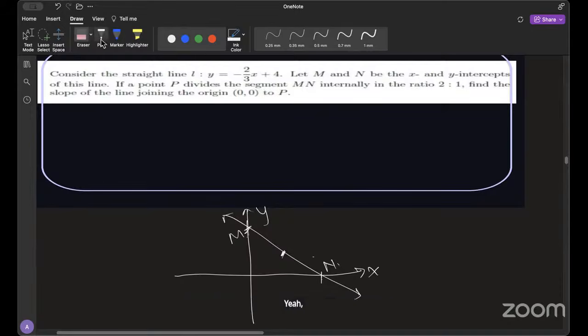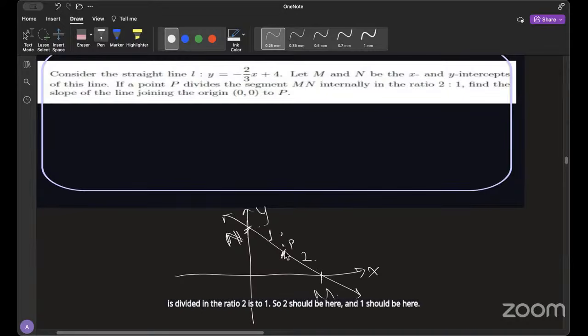Yeah, thank you. This is n and this is m. The x-intercept is given to be m and the y-intercept is given to be n. And it says that line mn is divided in the ratio 2:1. So 2 should be here and 1 should be here. Right?